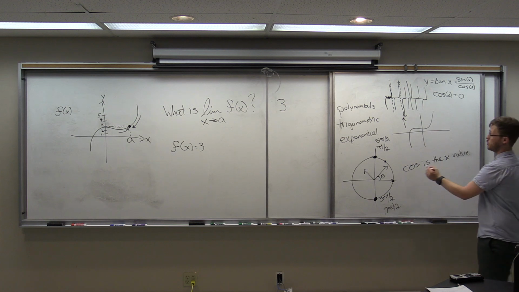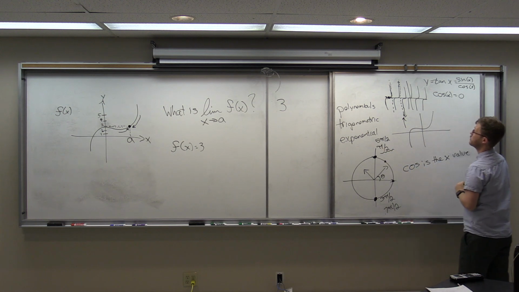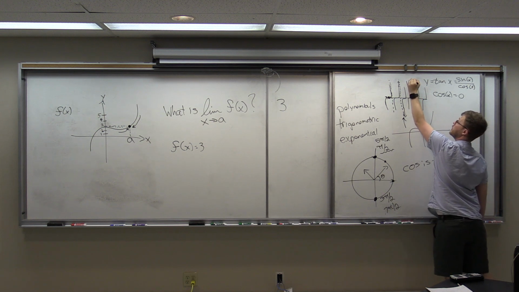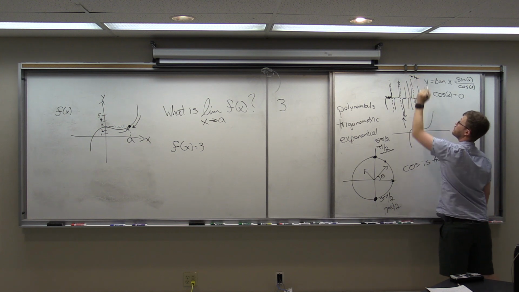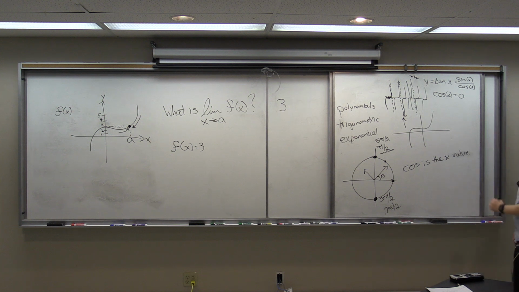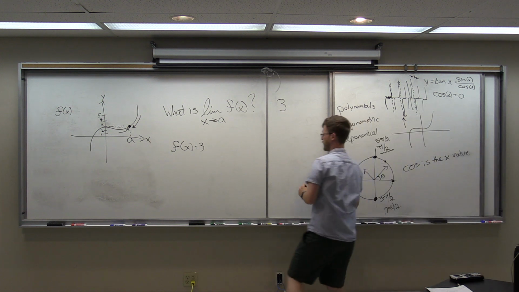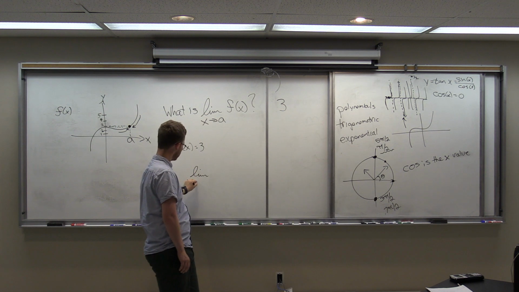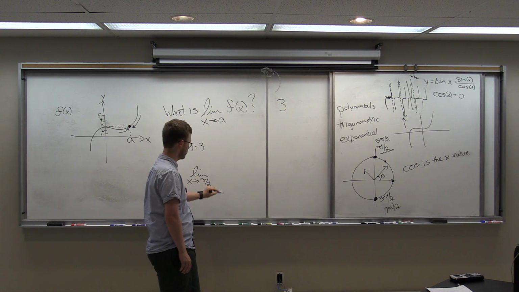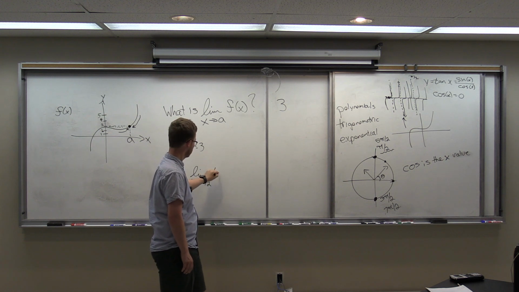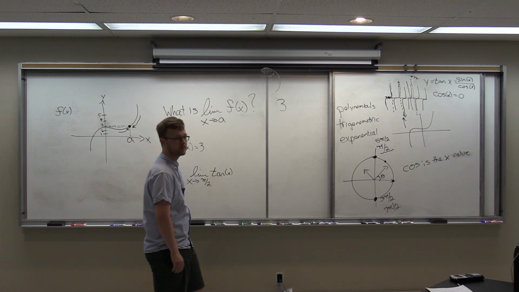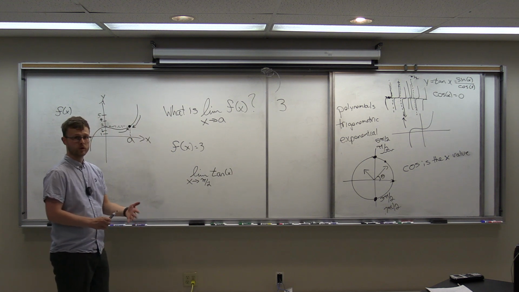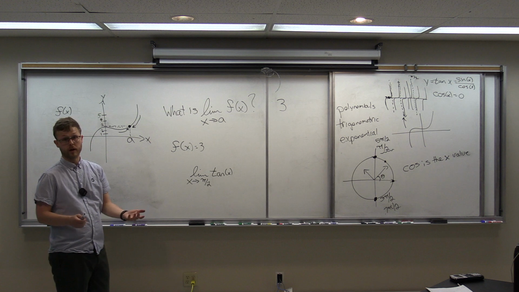So let's go to x equals pi over 2. That's going to be right here. If I asked, let's make this very formal, what is the limit as x approaches pi over 2 of the function tangent of x? If I were to ask you that question, using the tools we've learned up to this point, you'd probably start by drawing the graph.